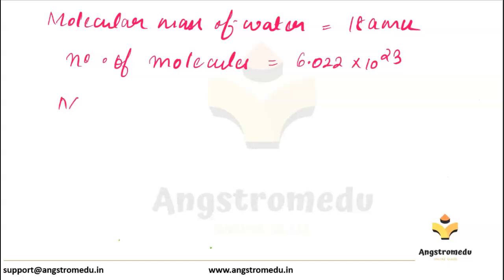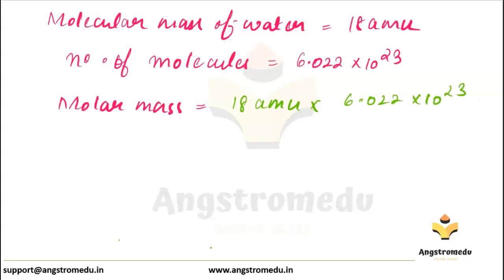Now the molar mass will be equal to the molecular mass of one molecule, which means 18 AMU, into the total number of molecules in a mole, which is 6.022 into 10 raised to power 23. Now we have to calculate this in grams, so we have to use AMU in terms of gram. 1 AMU is equal to 1.67 into 10 raised to power minus 27 kg.